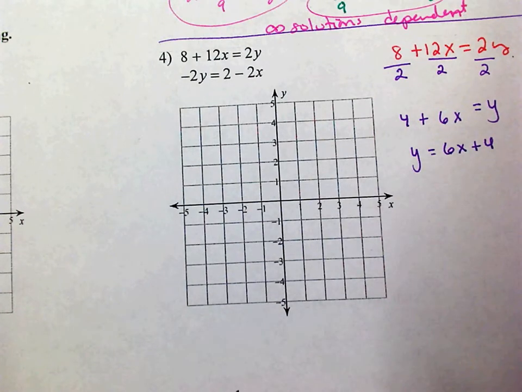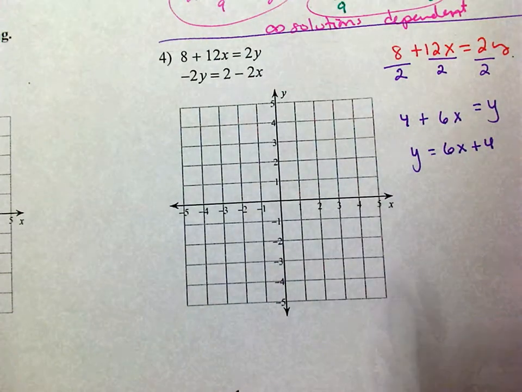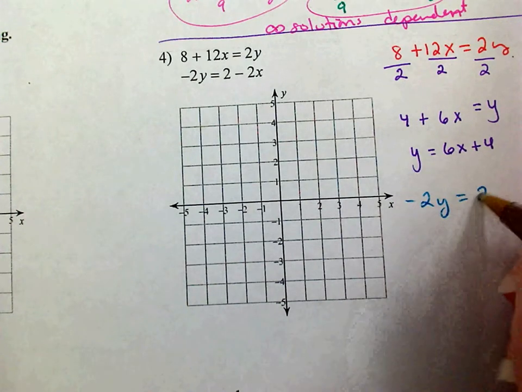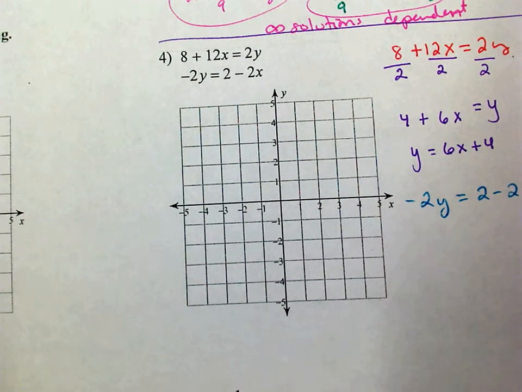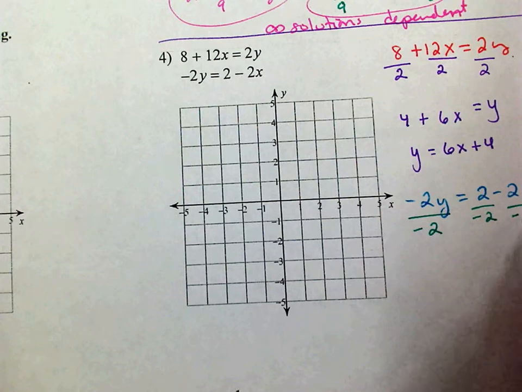Am I good? Okay, so I will graph that one in a minute. Now I'm going to solve this one. Negative 2y equals 2 minus 2x. What do I need to do to solve for y? Divide by the negative 2. Yep.